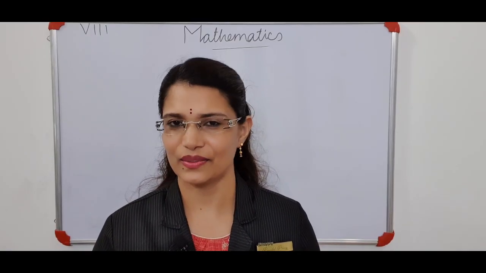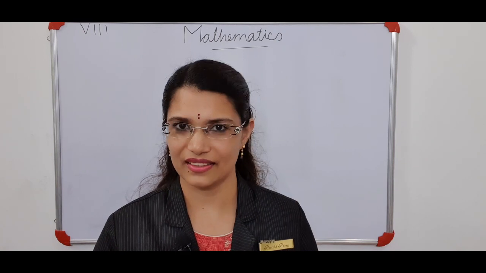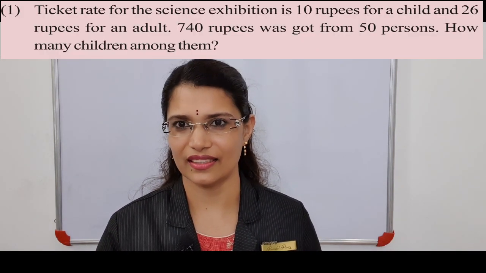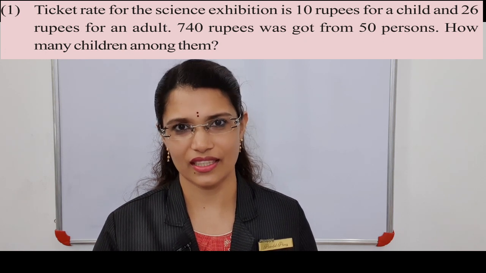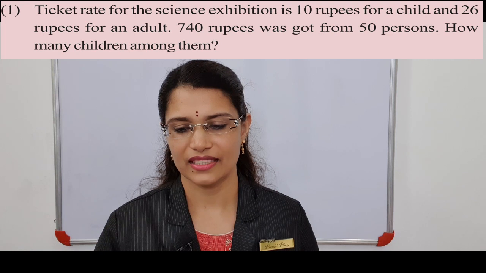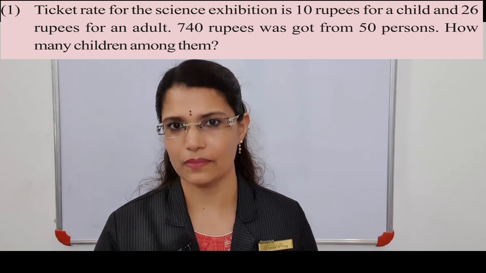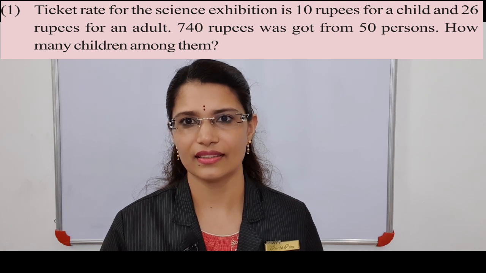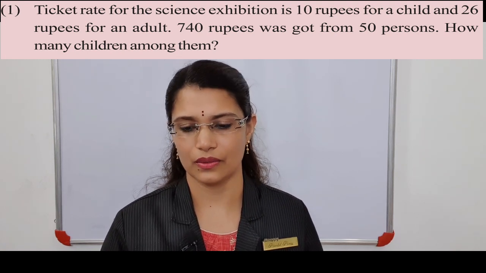Children, let's do the first question. I'll read the question for you. Ticket rate for the science exhibition is 10 rupees for a child and 26 rupees for an adult. 740 rupees was got from 50 persons. How many children among them? This is the question.